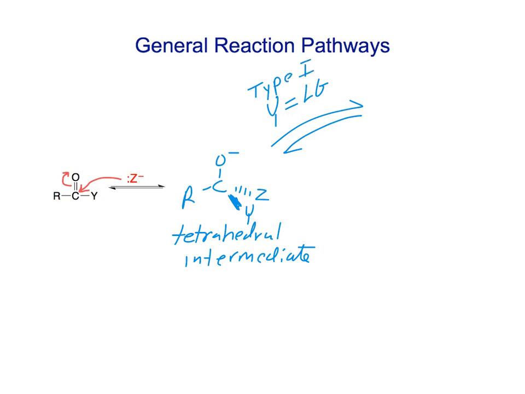If they're the type 1, what's going to happen is a pair of the electrons on the oxygen are going to come back down to reform the carbonyl, and that Y group is going to leave. It's going to function as a leaving group. And so then we're going to get our product that looks like this. Here, I'll put this in red. That has this Z group attached now plus Y minus.